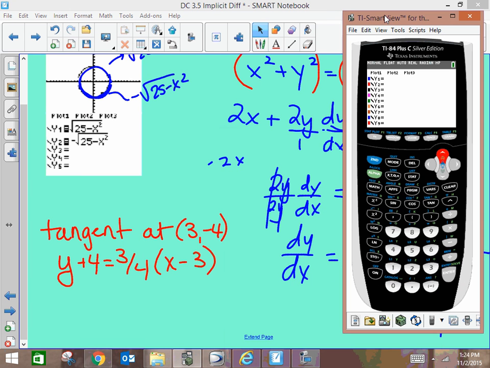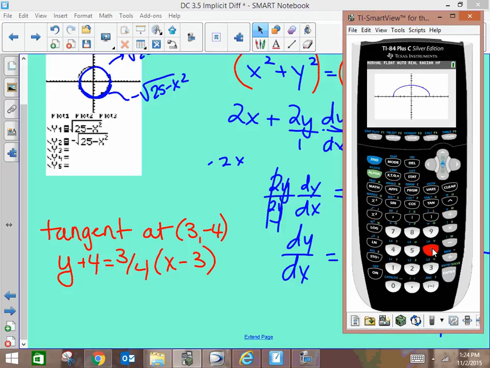All right, so square root of 25 minus x squared, that's the top half. Let's see that, that's not pretty good. Let's try that. We'll go back to the regular window. Okay, so there's the top half.